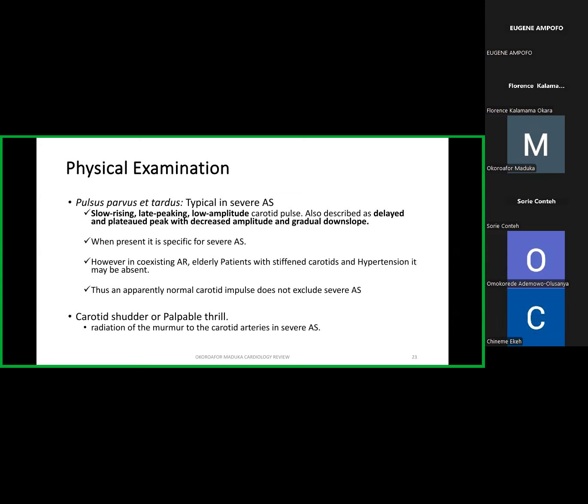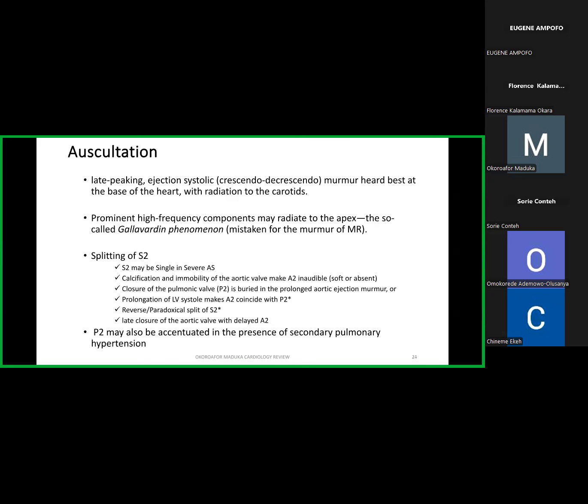Physical examination is important in these patients. Check the pulse. You can see the pulsus parvus et tardus, known as the slow rising, low amplitude carotid pulsation. They could also have the carotid shudder or a palpable thrill. Further, there is a late peaking ejection systolic murmur.